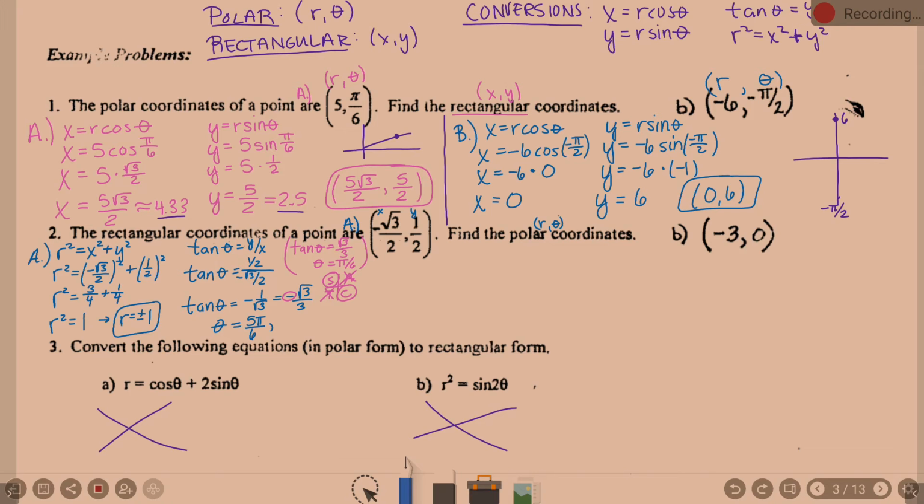I think the answer key leans towards a different version of 11 pi over 6. What would be another name for 11 pi over 6? Negative pi over 6. Okay, and so I have those two. Now, and again, here's the deal, guys.